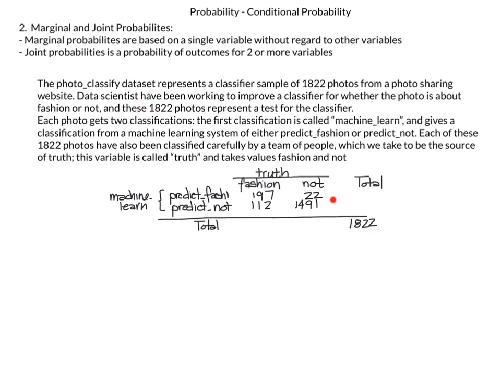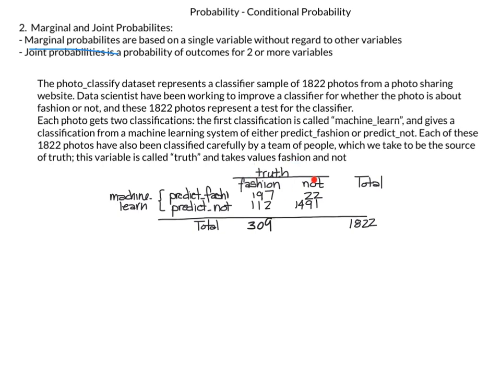We can use these counts that concern both variables to then get data for our marginal probabilities. In other words, we can get counts that concern only one variable. So for example, let's talk about the variable truth, what the experts say. If we want to know how many the experts said were about fashion, we simply add the column here. So when we add 197 to 112, we get 309.